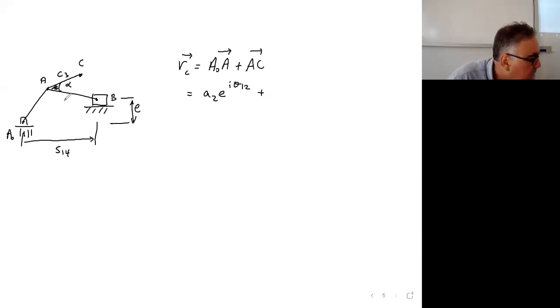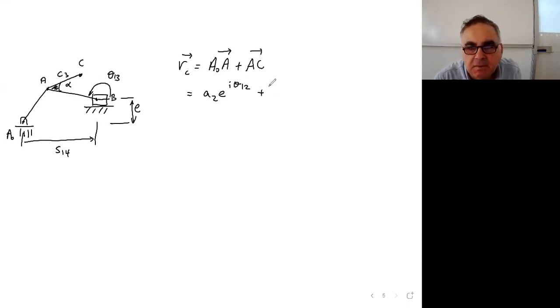What is AC? If this angle is theta 1 3, it will be C3 times e to the i (theta 1 3 plus alpha), for example.